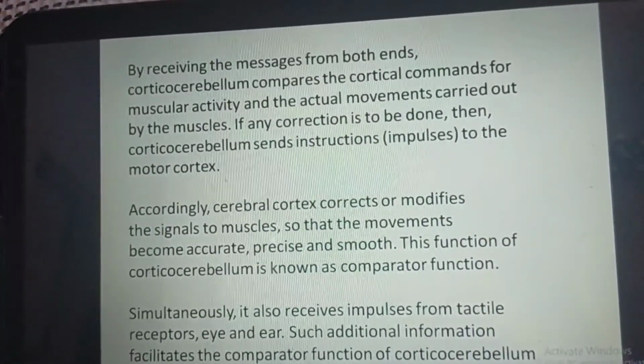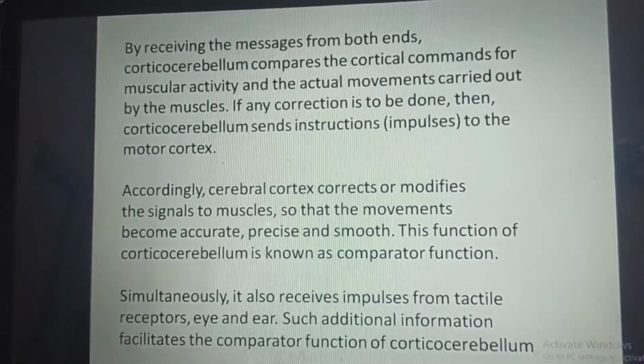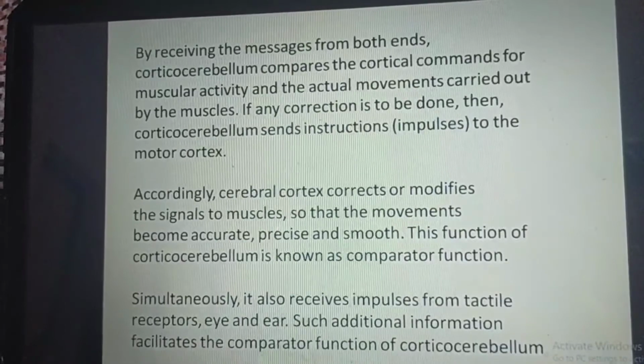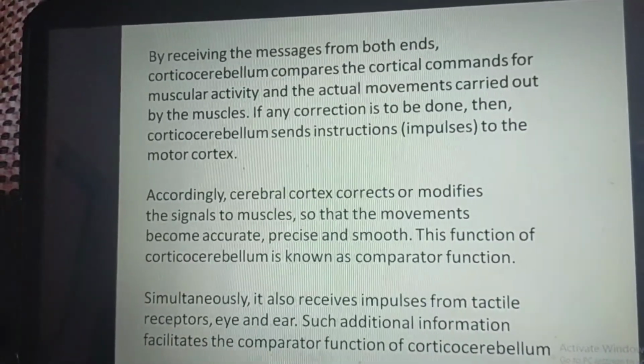cerebellum. So mainly, in the whole topic, there are two functions and three divisions of cerebellum involved in that.